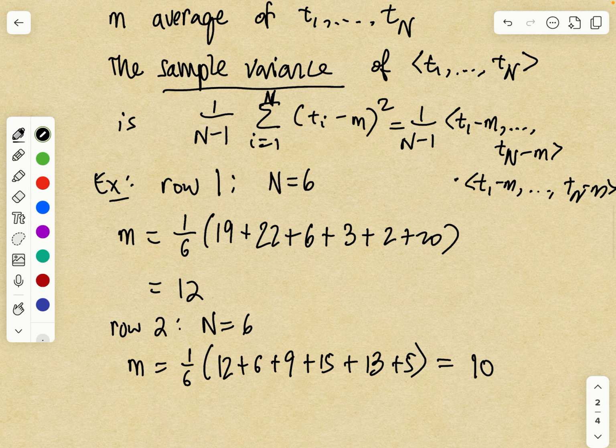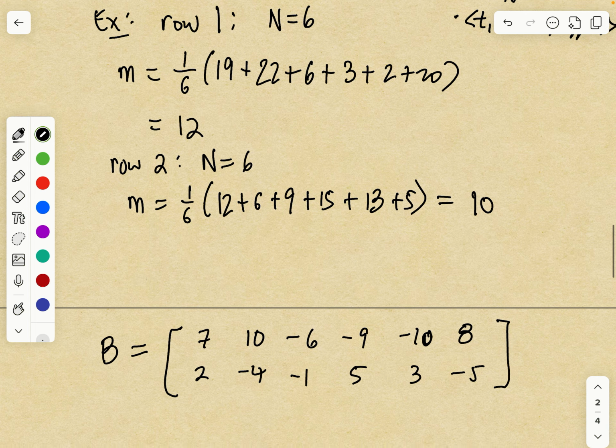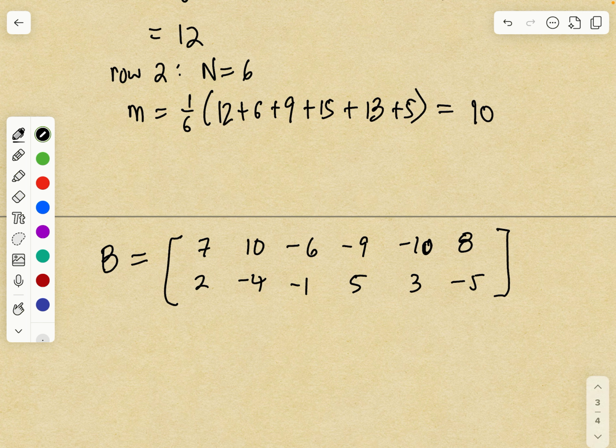And I define the sample variance, so now I can find the sample variance of each row.